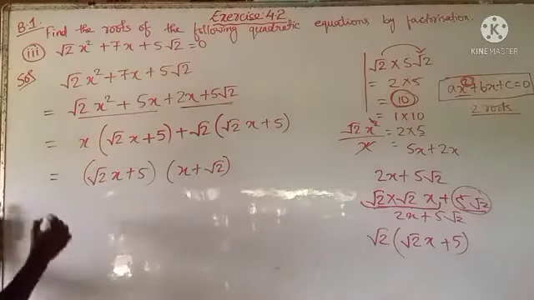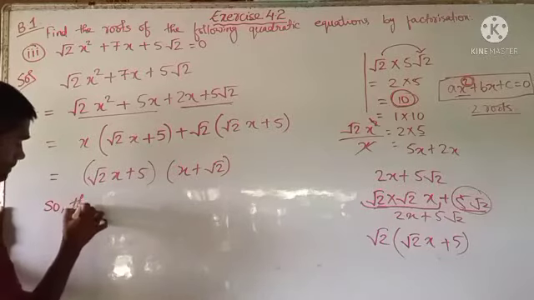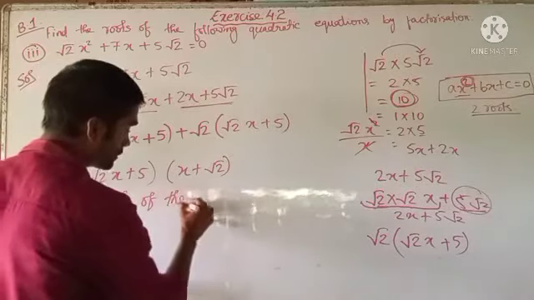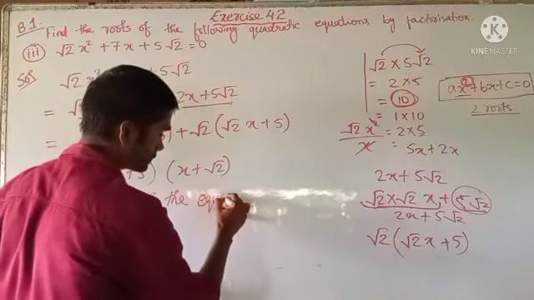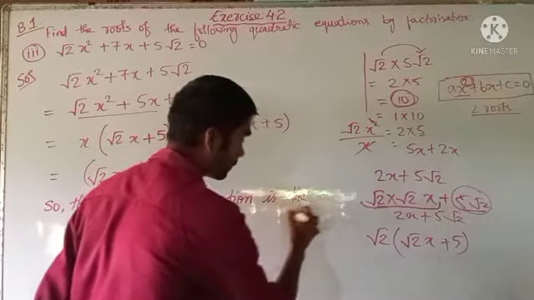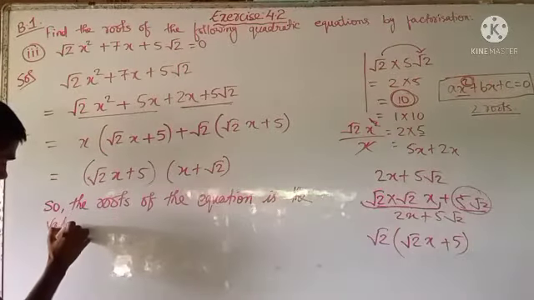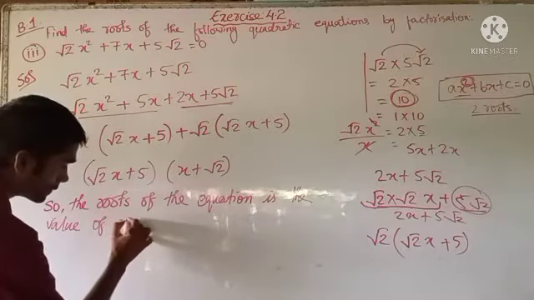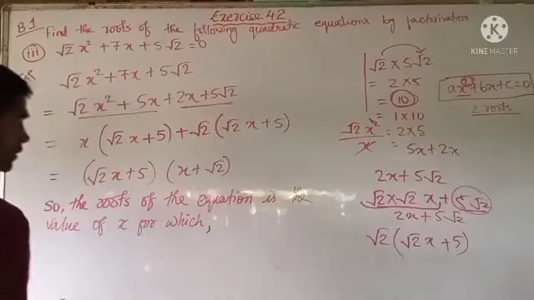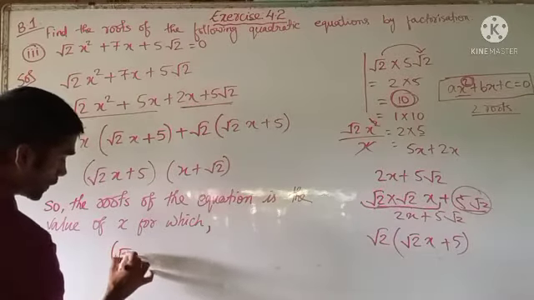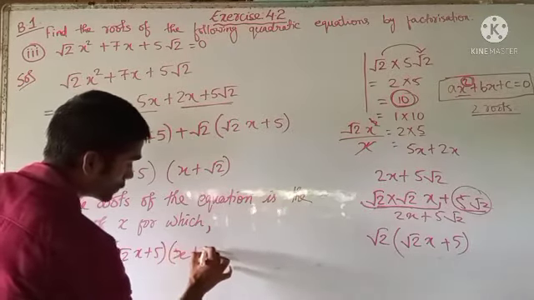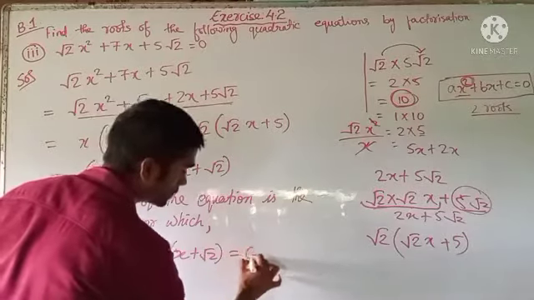So we can write here, the roots of the equation are the values of x for which root 2x plus 5 into x plus root 2 is equal to 0.